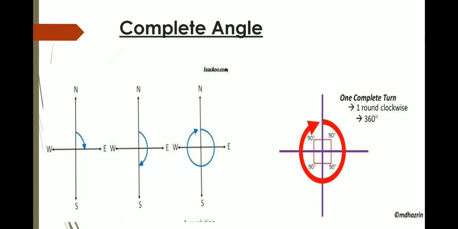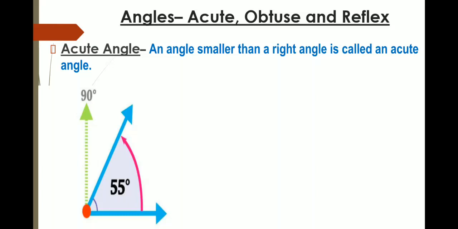The measure of a complete angle is 360 degrees. One complete angle is equal to 2 straight angles or 4 right angles. Now we will learn about acute, obtuse and reflex angles one by one.